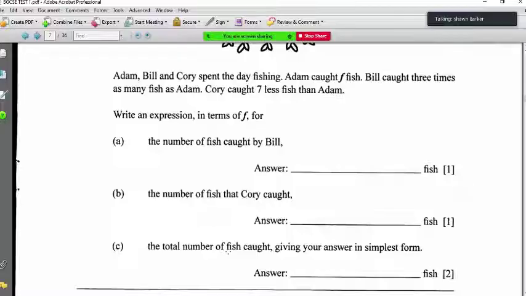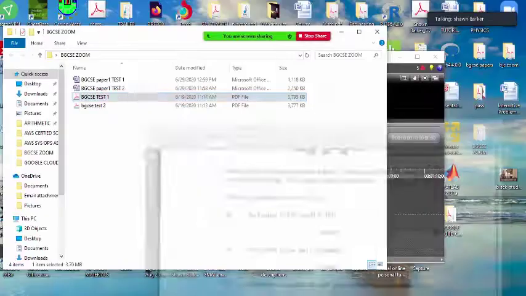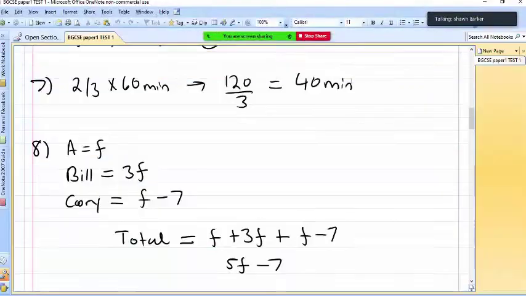The total number of fish caught, give your answer in the simplest form. So Adam, Bill, and Corey went fishing. Adam caught F fish, so therefore the total amount of fish is going to be F fish plus Bill's fish, 3F, plus Corey's fish, F minus 7.